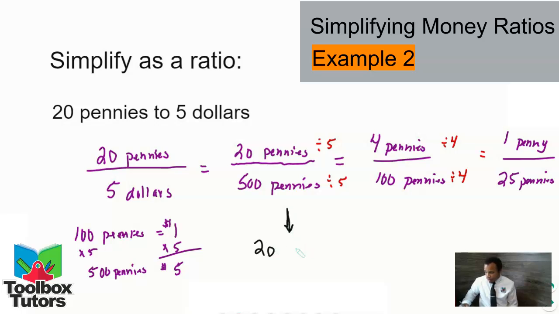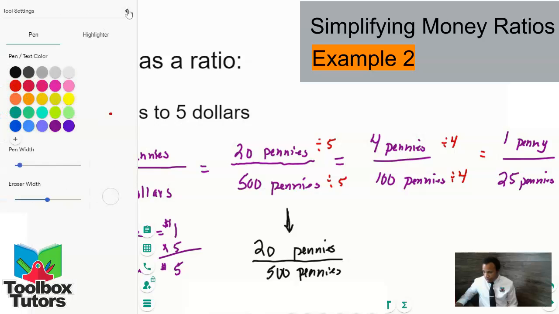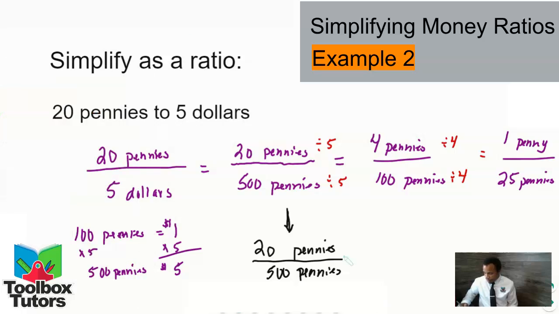So we have 20 pennies over 500 pennies. And we're going to divide both of these by 20 instead of dividing by 5, then 4.